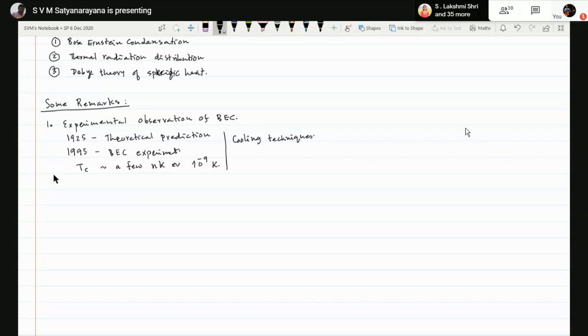That is a major impediment. There are two important techniques which were developed.